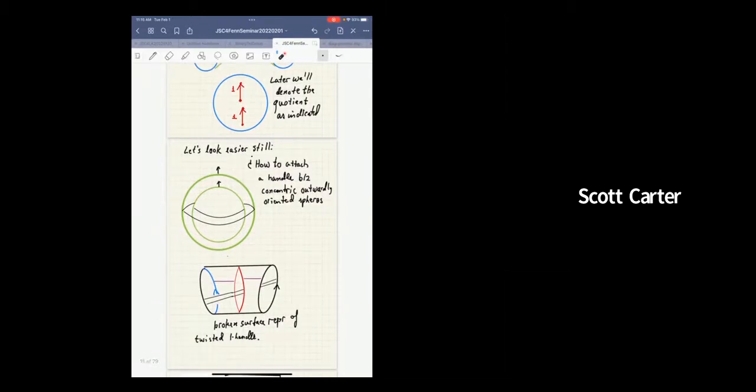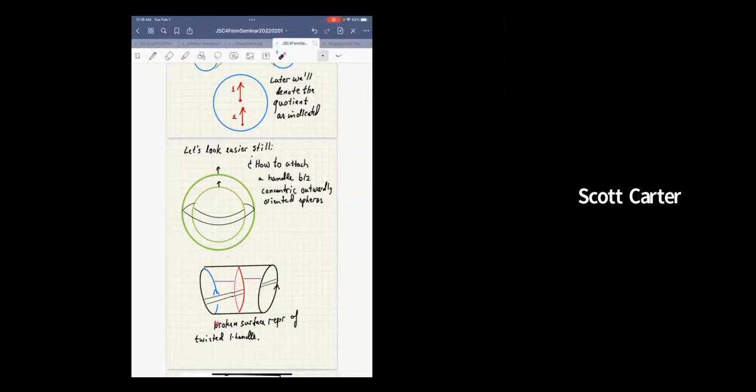And I promise you, Roger, I will get to what I mean by braided, and I know there's a slide that says that. If we have two concentric spheres, both of which have an outward pointing normal, and we want to attach a handle between them, then you can't just attach a tube without messing with the orientation.